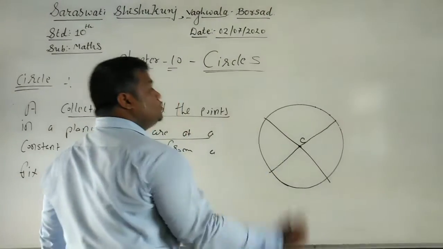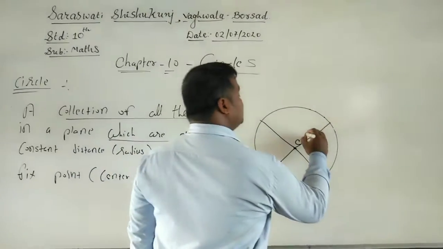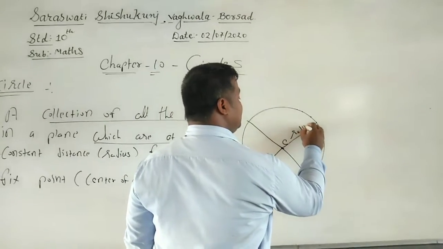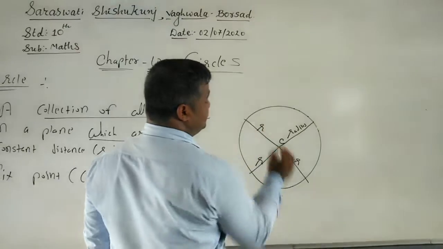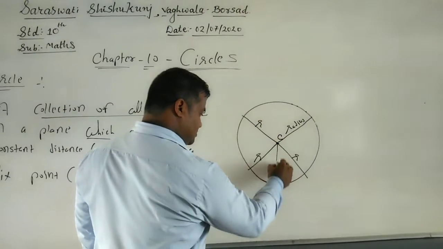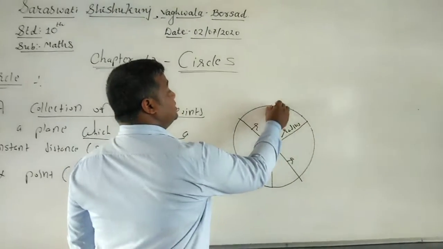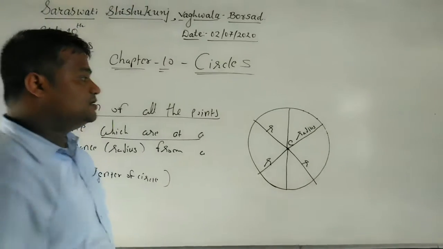This is the radius of yours. You can consider it as R. Am I right? This is the definition of a circle.